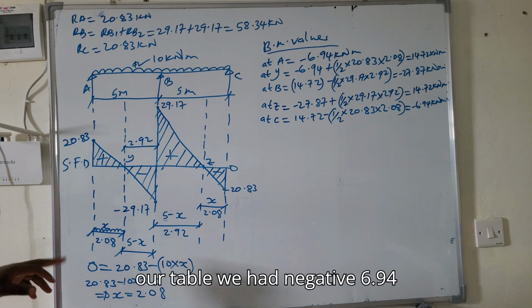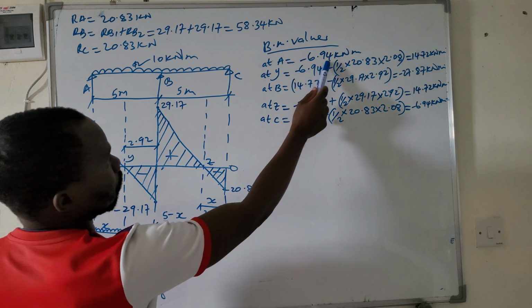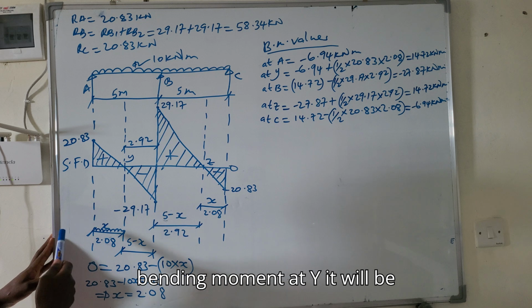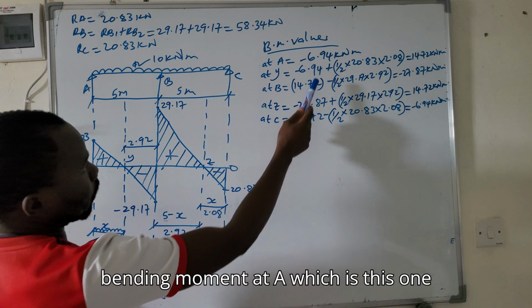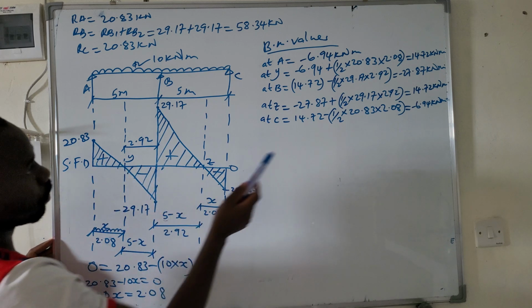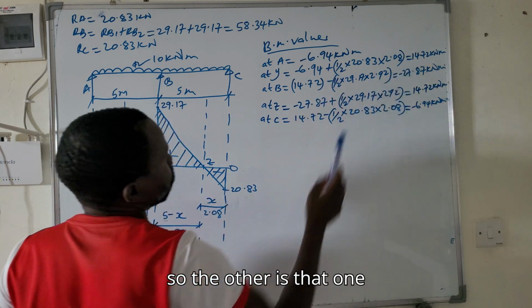From our table, we had negative 6.94 kilonewton meter. And then the bending moment at Y will be bending moment at A, which is this one, plus this area of triangle. So the answer is that one.